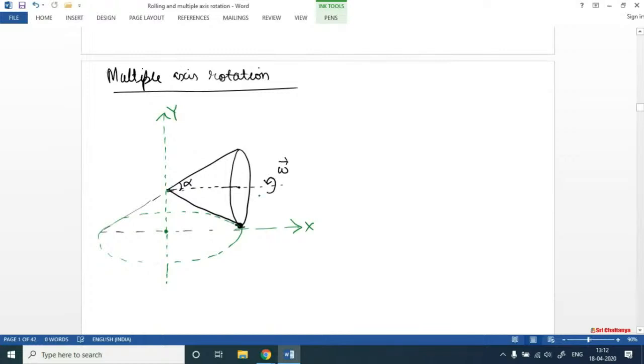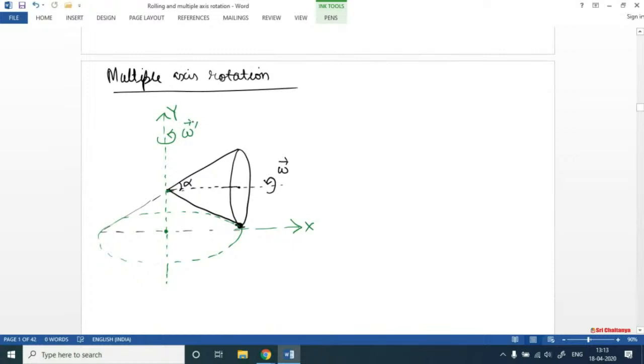Okay, so as this cone rolls, at the same time it will be performing rotation about the y-axis also. You must realize it will be performing rotation about the y-axis also. So it will have some angular velocity along the y-axis, which is nothing but omega dash.